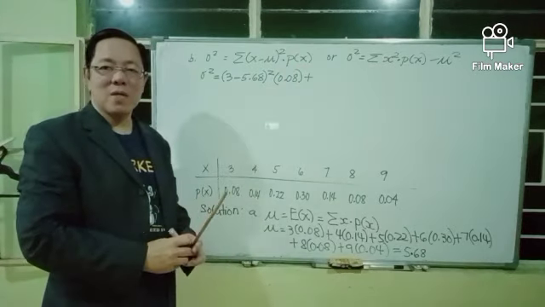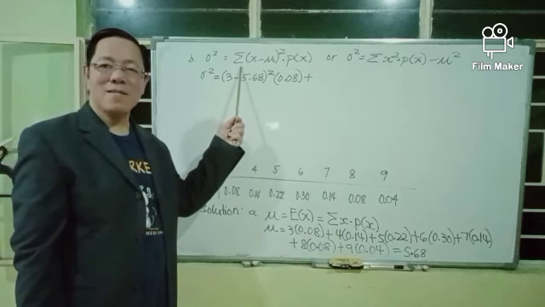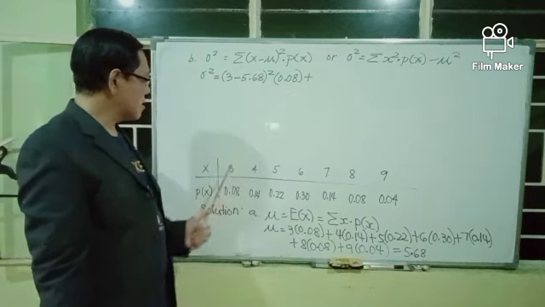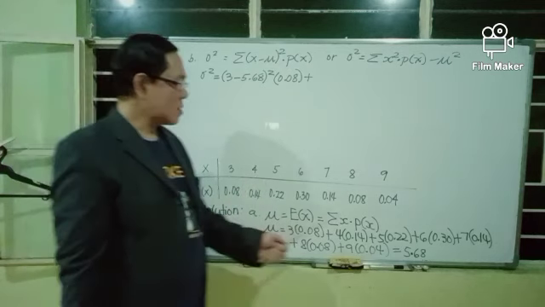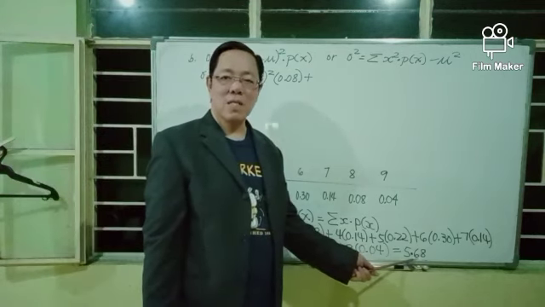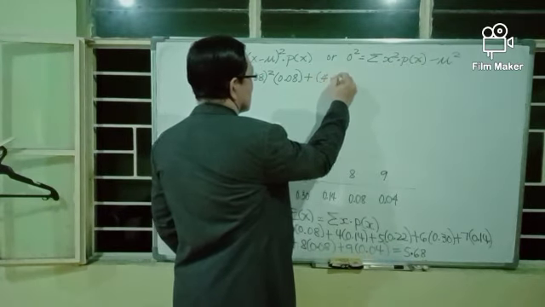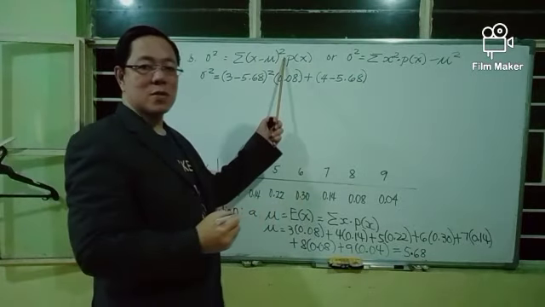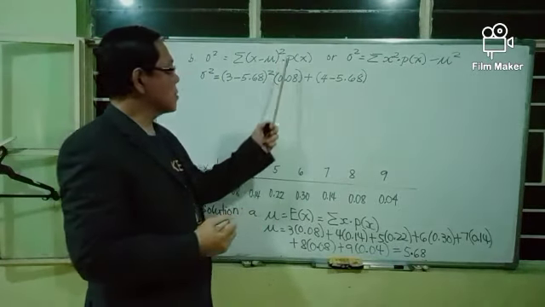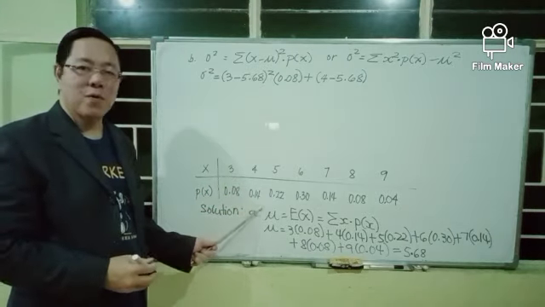Plus, we use plus because the operation indicated by the sigma notation for summation is addition. Plus, the second value of x is 4 minus the expected value of x, 5.68, raised to the power 2 and multiply by the probability of 4, 0.14.